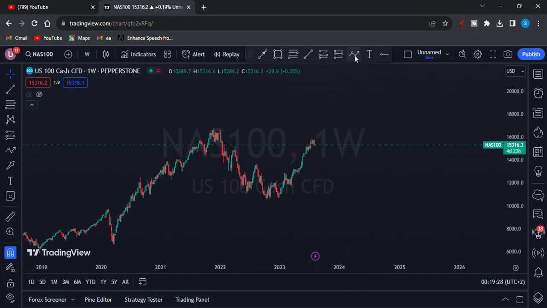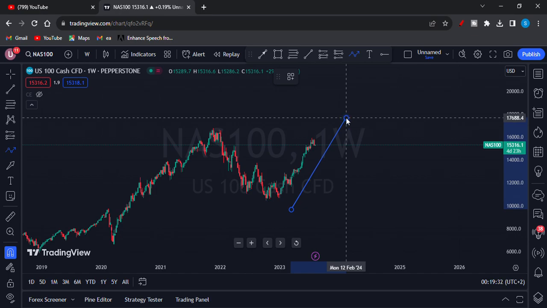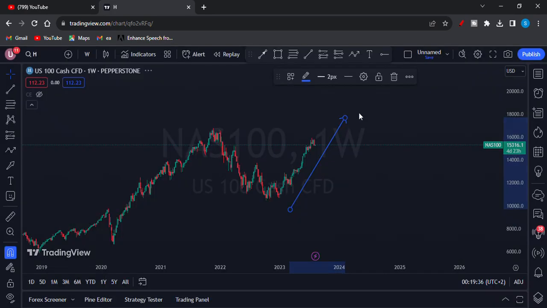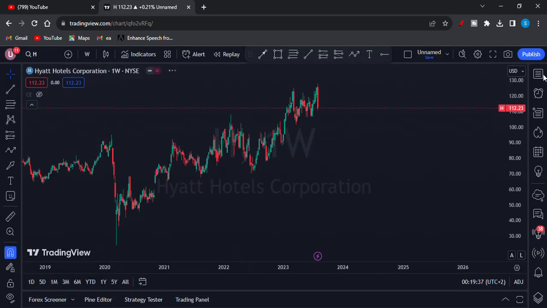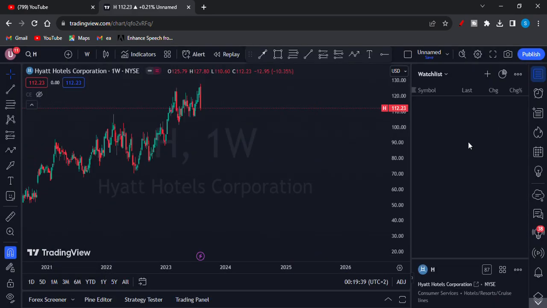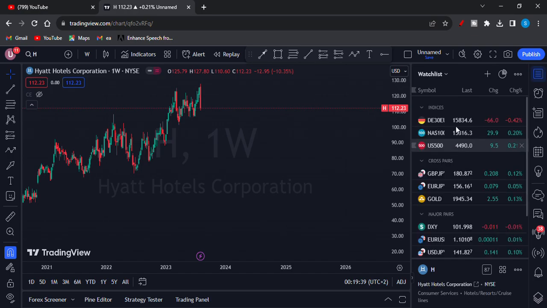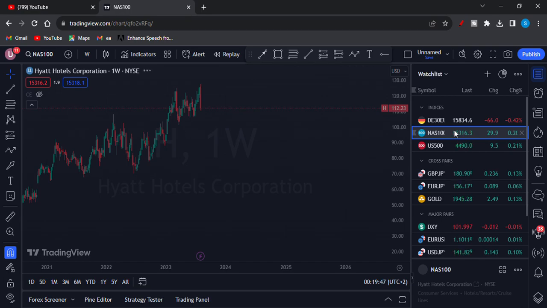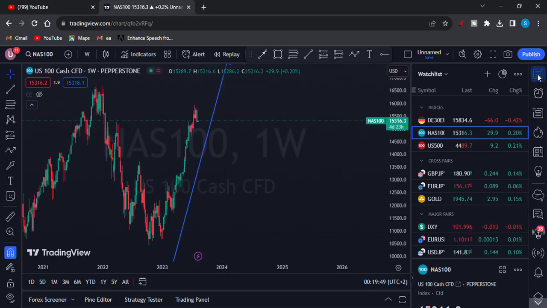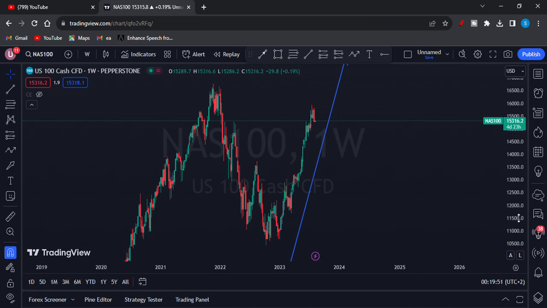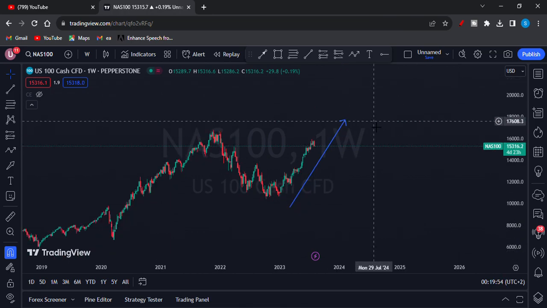So let's analyze Nasdaq. On a weekly, we are on an uptrend, and then let's go to 4 hour. We are on an uptrend on a weekly.